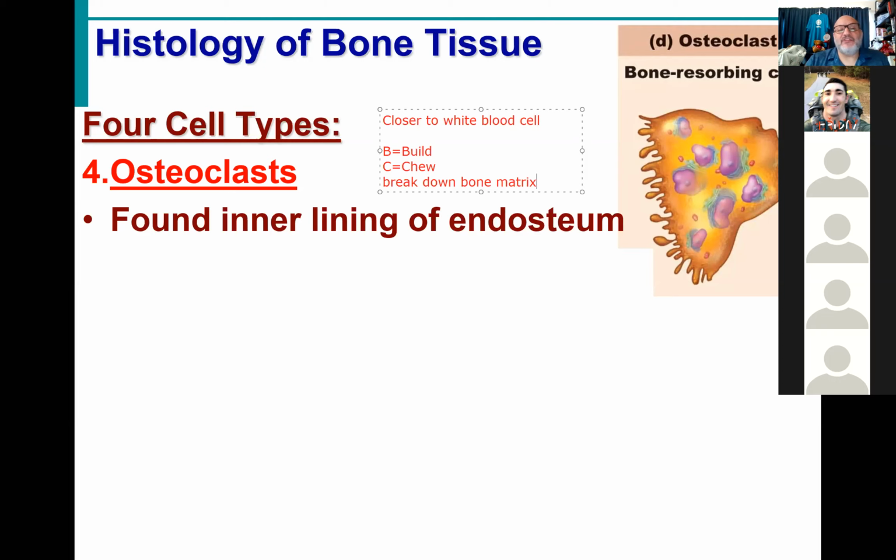Now, these are mostly found within the inner lining of the endosteum, although there will be some outside under the periosteum as well. And notice if you look at the anatomy of these, they are very, very unusual. One of the things that you notice about it, hopefully right away, is that it has multiple nuclei. What might the advantage of having multiple nuclei be?